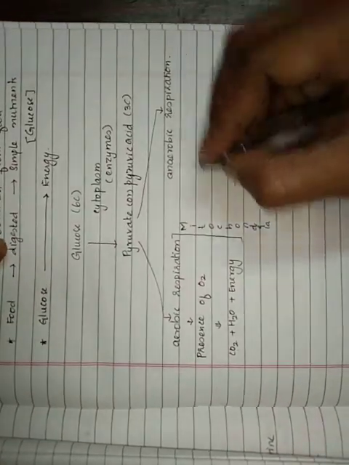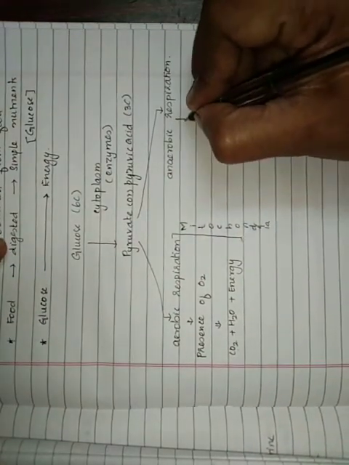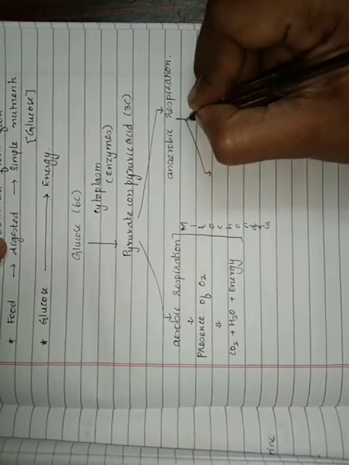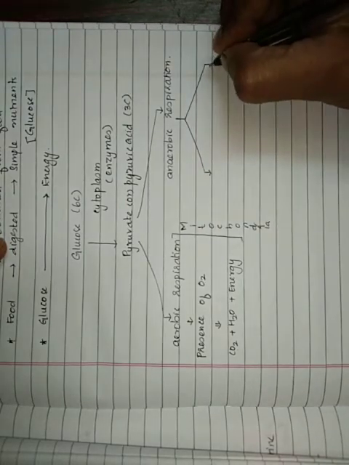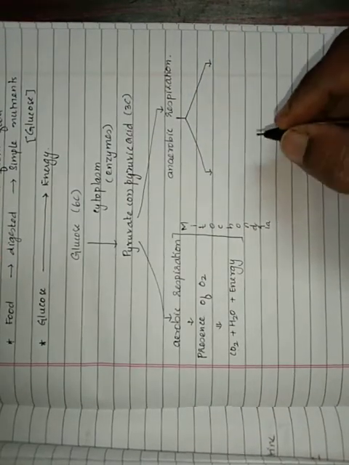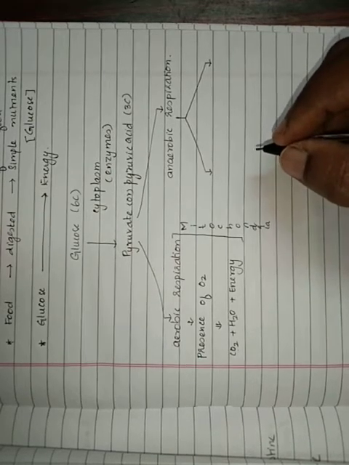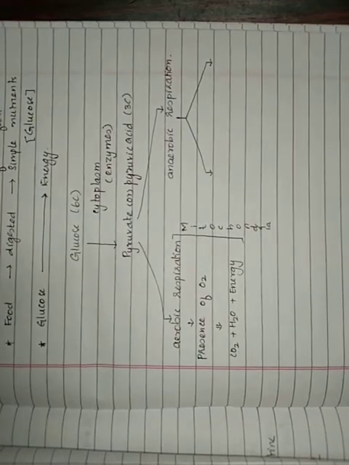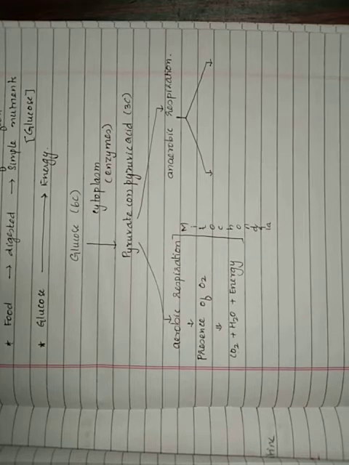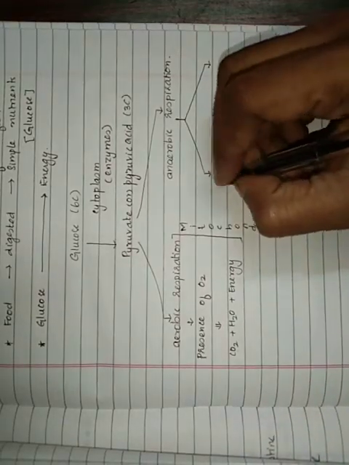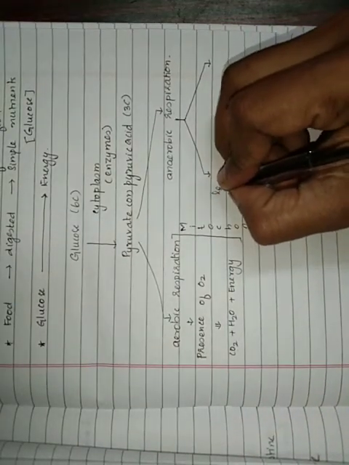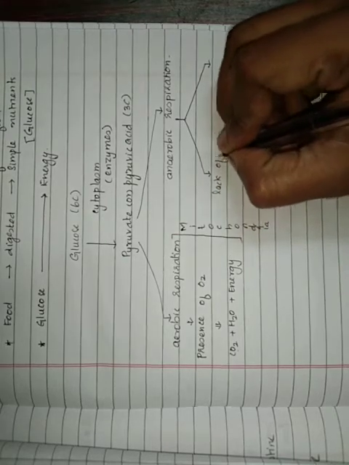Whereas anaerobic respiration can be done in 2 ways. From the name itself, it is anaerobic, that is, it can happen without oxygen. Under 2 conditions, they function in 2 different ways. One is in lack of oxygen.